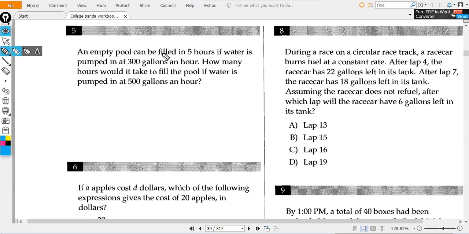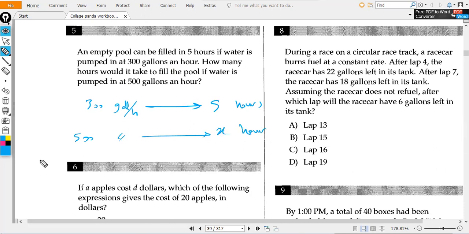Right. Good. So we can set that 300 gallons an hour need 5 hours. Now, 500 gallons an hour, how many hours does it need?